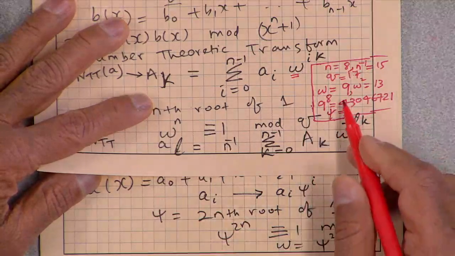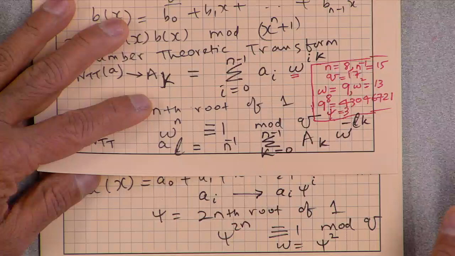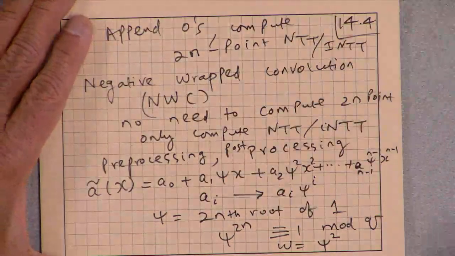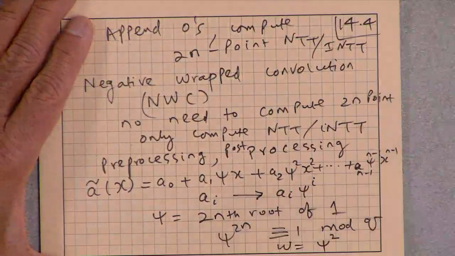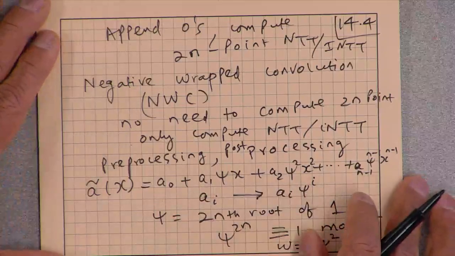So omega is the square of psi. Okay, so that's the pre-processing step.